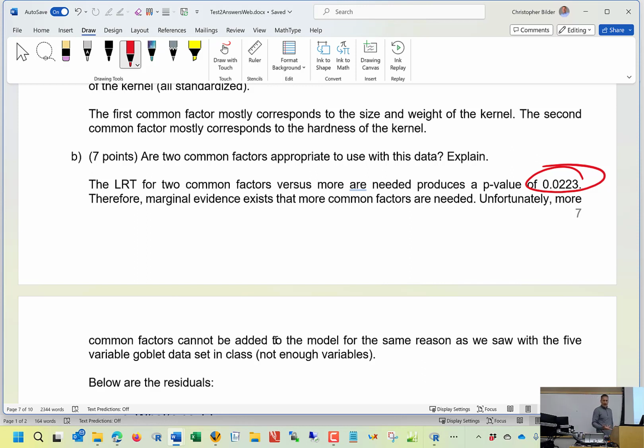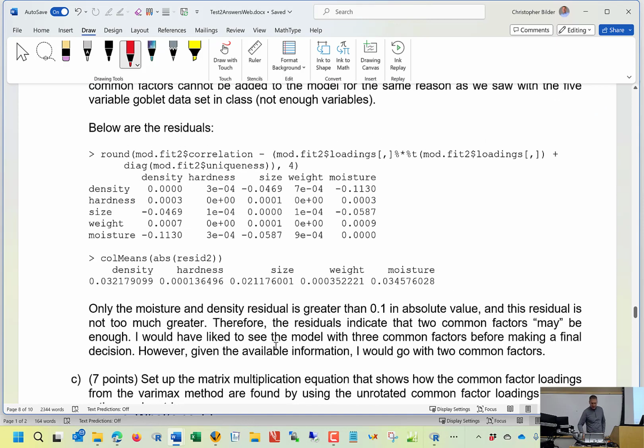And so, since I have kind of a borderline decision here with this likelihood ratio test, I definitely would want to look at something else, the residuals. If you look at the residuals, we have just 2 that are a little bit larger in absolute value than what we would like, but they're not too much larger.